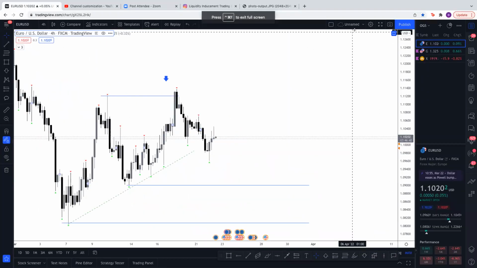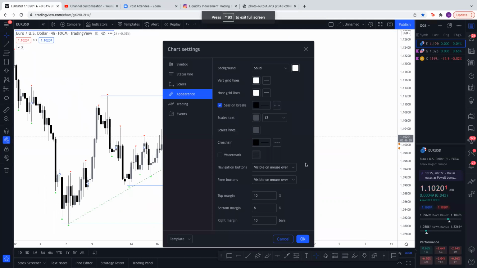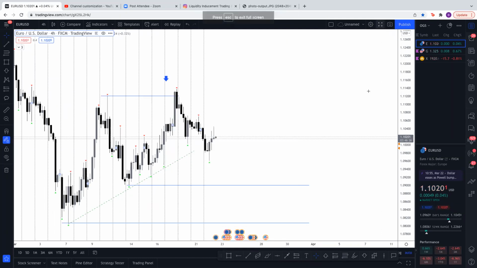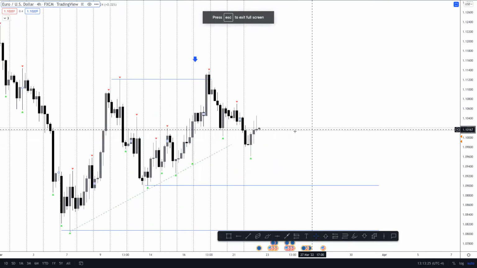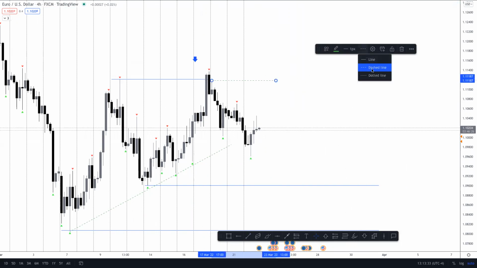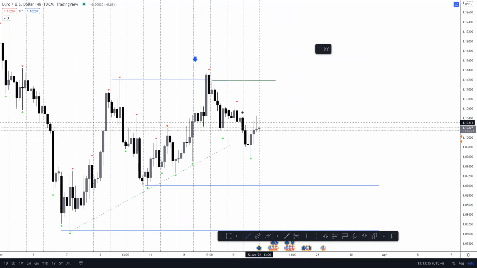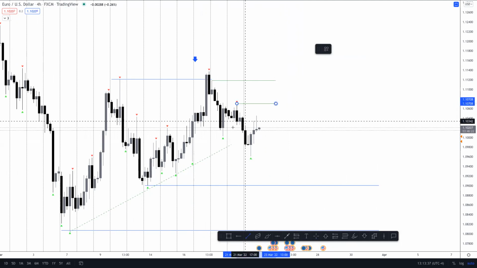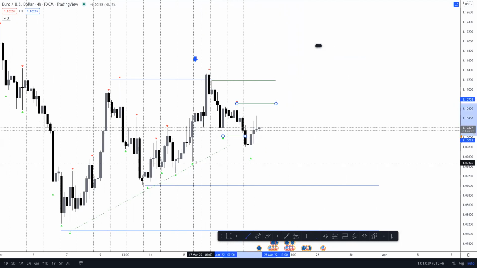Also, let me turn on session breaks so we can understand what's going on from a day-by-day perspective. Now let's mark in all of our previous day highs and lows, as well as all of our 4 hour external liquidity, which is shown by the fractals here.